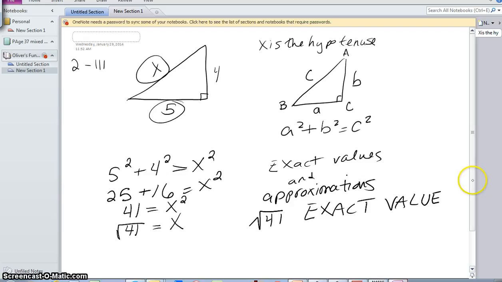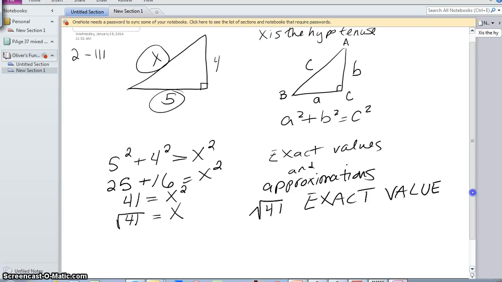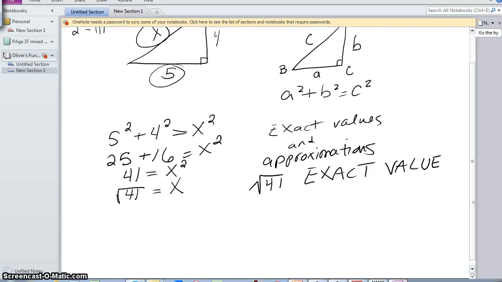Now, something happened to most students in the 5th and 6th grade when we introduced the calculator. You have come to believe that this approximation that you get when you push the square root of 41 in your calculator and it spits out 6.4, you will have come to believe that that is very exact because it has a decimal value. In fact, that is the approximate value.